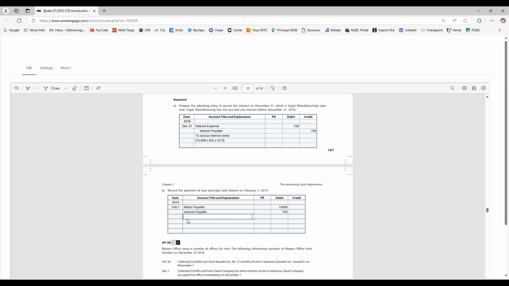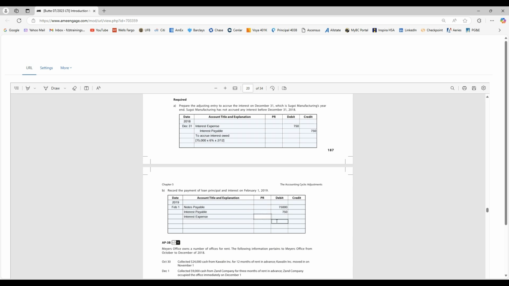So there's not really any time in February where interest expense is racking up. We had the 2 months in 2018, and then we have one more month in 2019, January, before the amount is repaid. We're assuming we haven't recorded any interest expense in January yet.